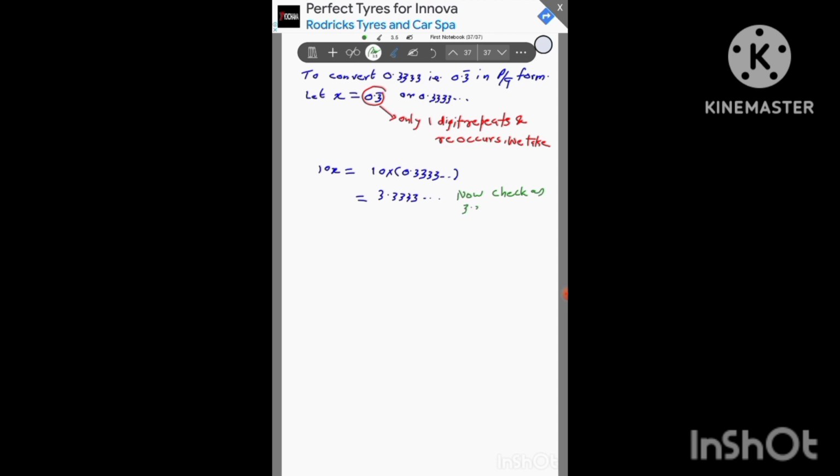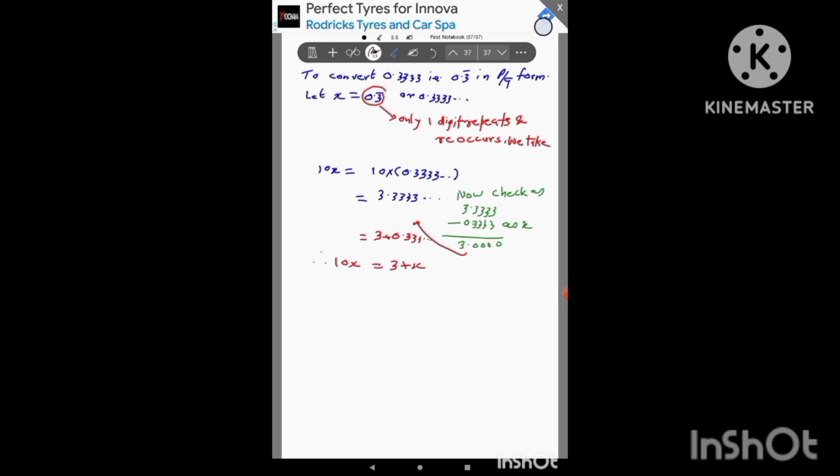We subtract 0.3333, and the remaining value is 3. As you can see, every time use the same technique, and that makes your problem very easy. So you can write 10x as 3 plus 0.3333, that means 10x equal to 3 plus x.